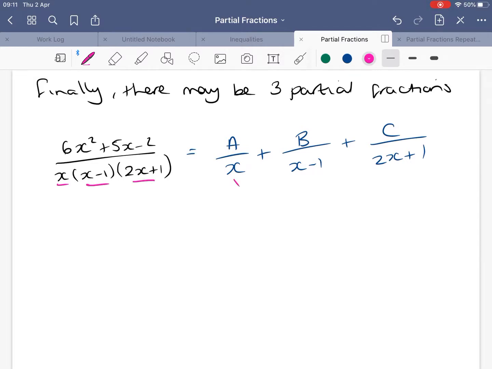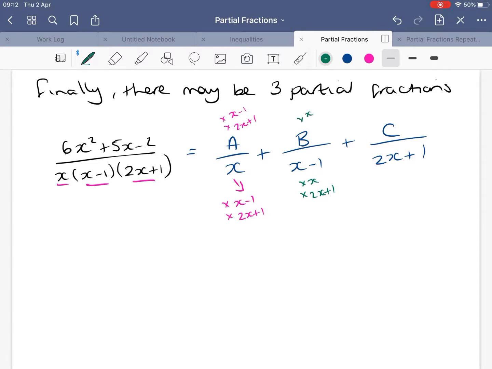So for this first one, I have to multiply it by the other 2 denominators. So I have to times it by the x minus 1 and the 2x plus 1. And if I do that to this denominator, guess what? I've got to do it to this numerator. Right, let's look at the second fraction. I need to multiply this by the x and the 2x plus 1 because that denominator's got to have all 3 factors.